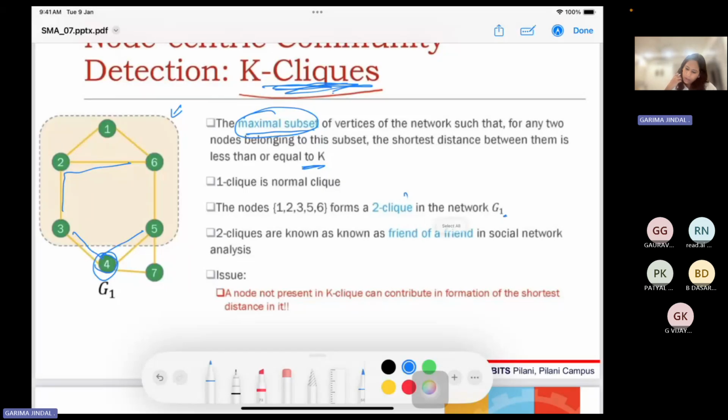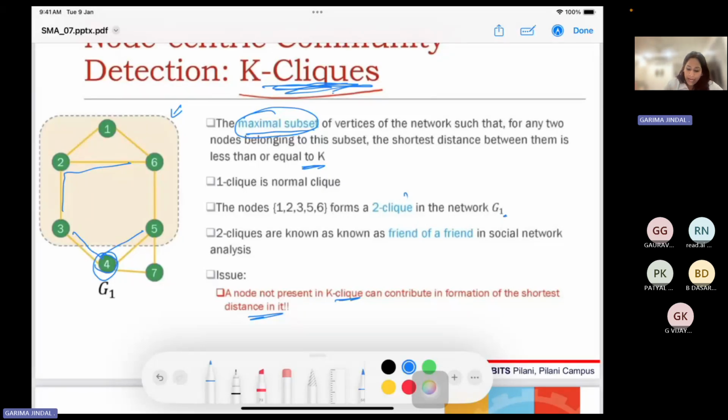So this is one of the issues in this particular technique. A node not present in the k-click can contribute to the formation of the shortest distance. So they thought that maybe this is not a very good definition.